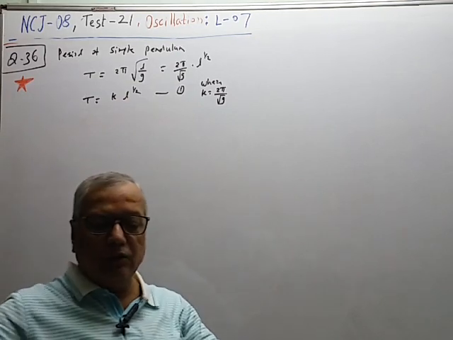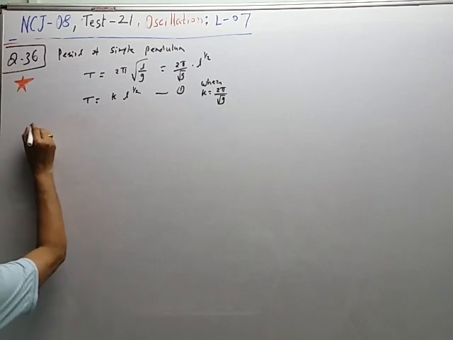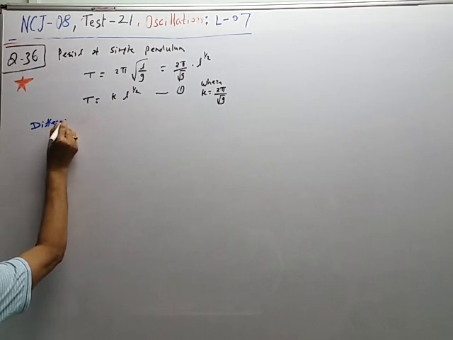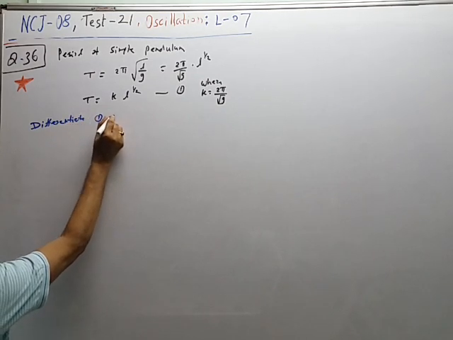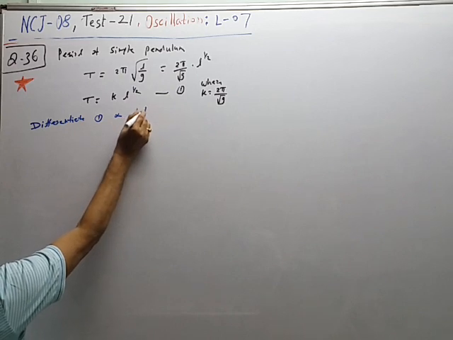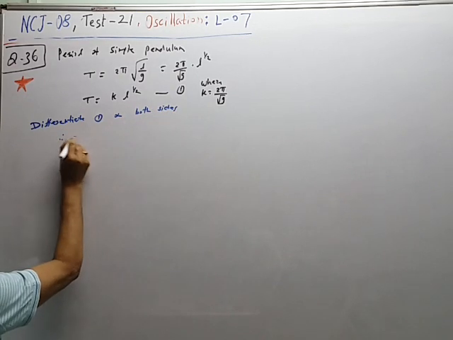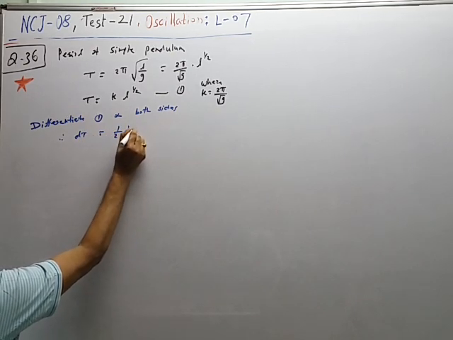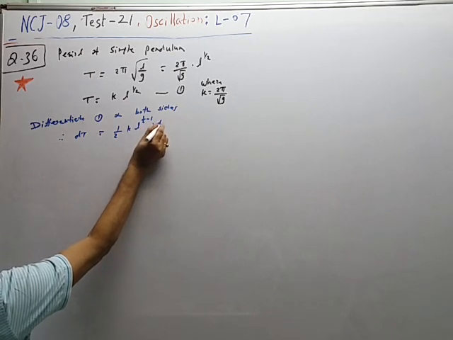Differentiate म्हणजे derivative घ्यायचा. Differentiate equation 1 on both sides. Therefore, dT is equal to 1 half K into L raised to 1 half minus 1 into dL.